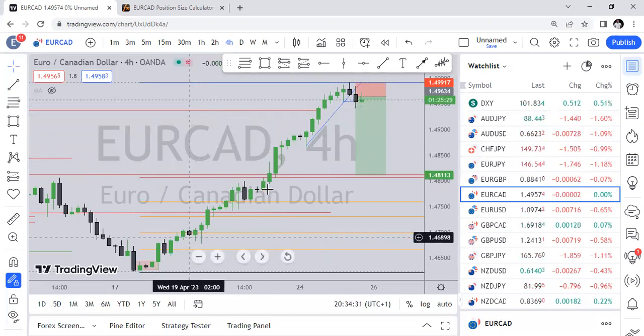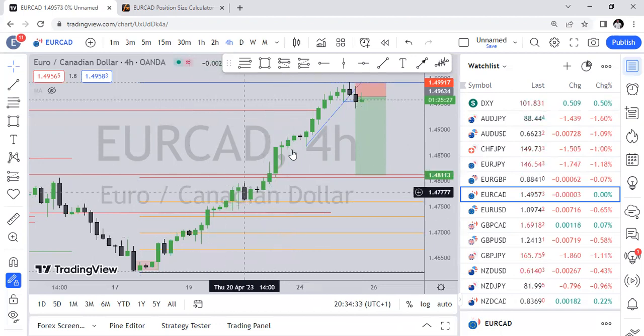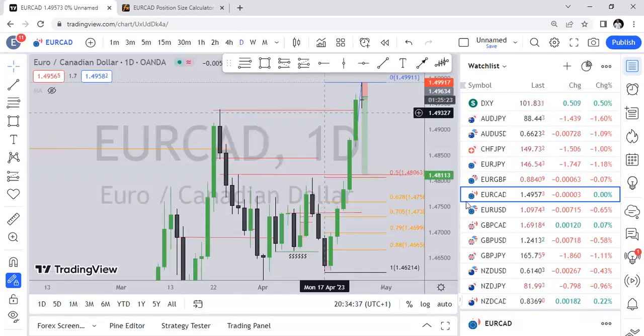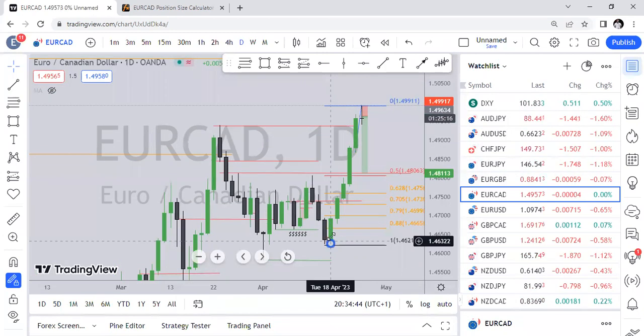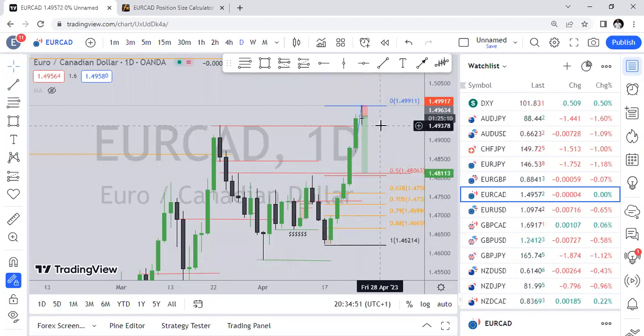The candlesticks are telling you that the buyers are in charge of the market. Like in the daily here, we're seeing 1, 2, 3, 4, 5, 6, an entire week, in addition to today, of bullish momentum.